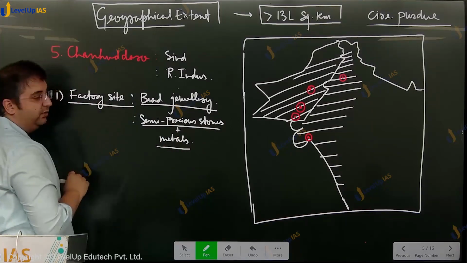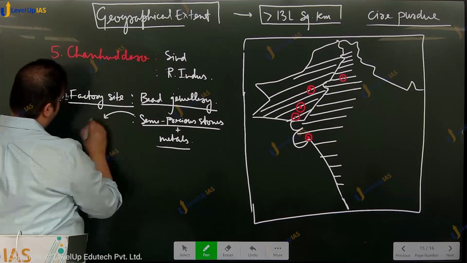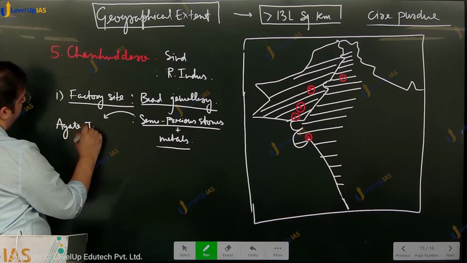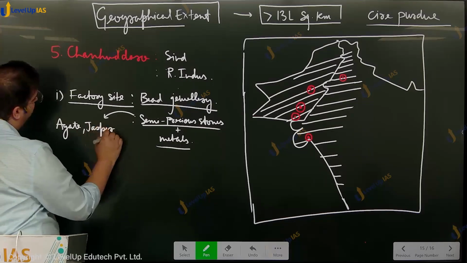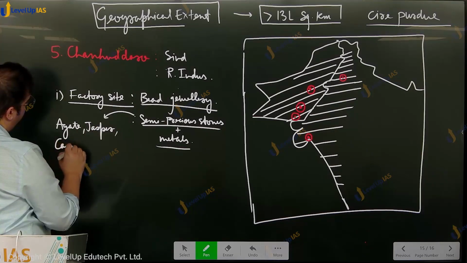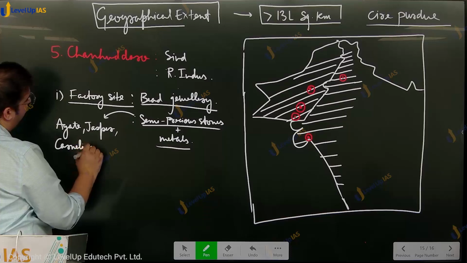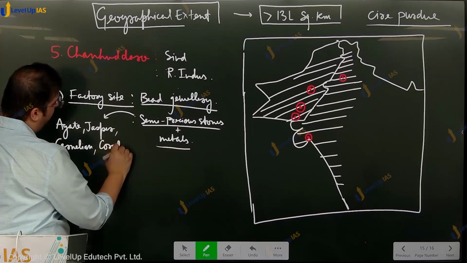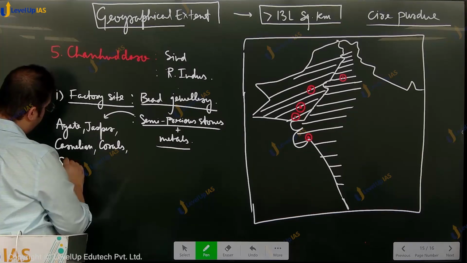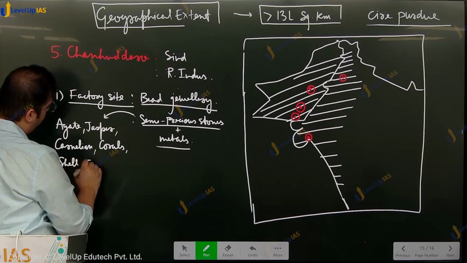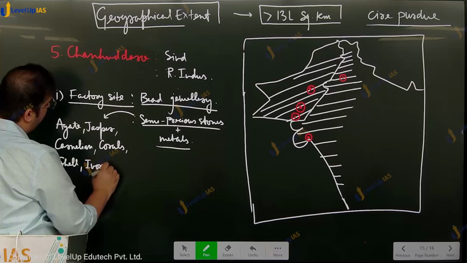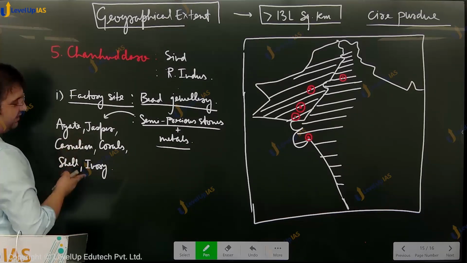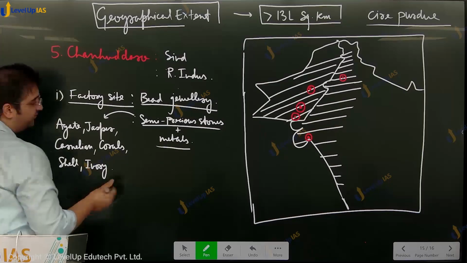Semi-precious stones including agate, jasper, carnelian, or maybe even corals or shell or ivory. ठीक है? So both mineral as well as biological remains से बनते थे, right?